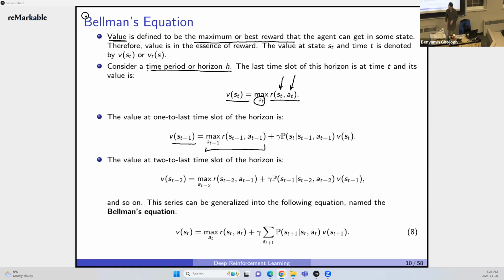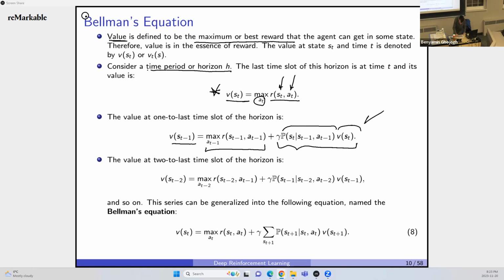So far, clear. But there is an additional term. What is this? Forget this probability for now. This is gamma V(S_T). What is V(S_T)? The value of the next time step. Because you need to also consider the discounted value in the next time step, which was the last time step. You already calculated that here.